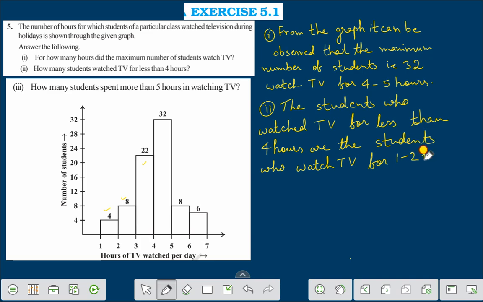This group 1 to 2 hours, 2 to 3 hours, and 3 to 4 hours.